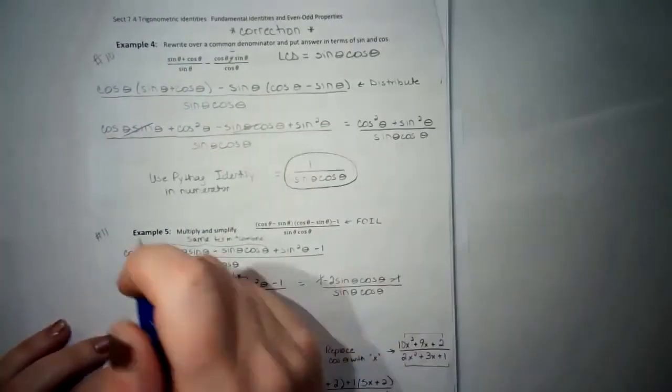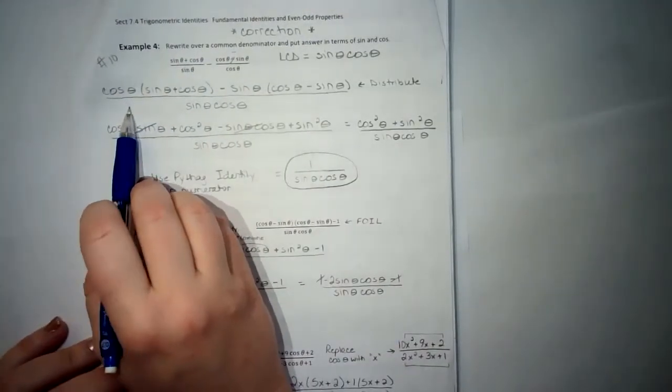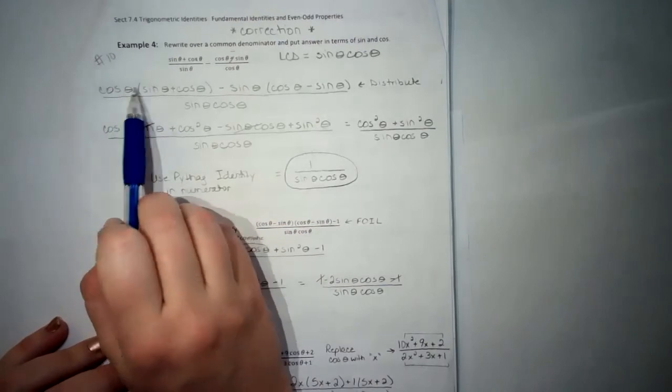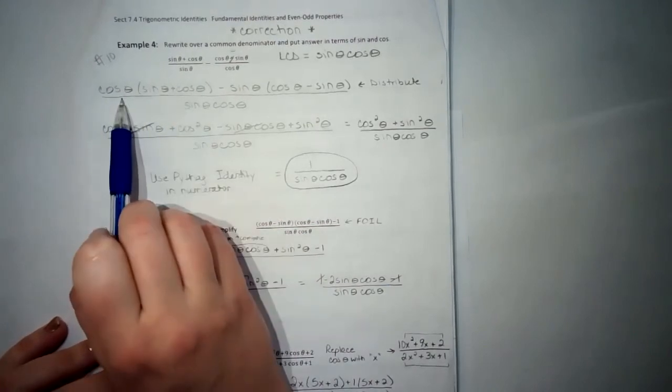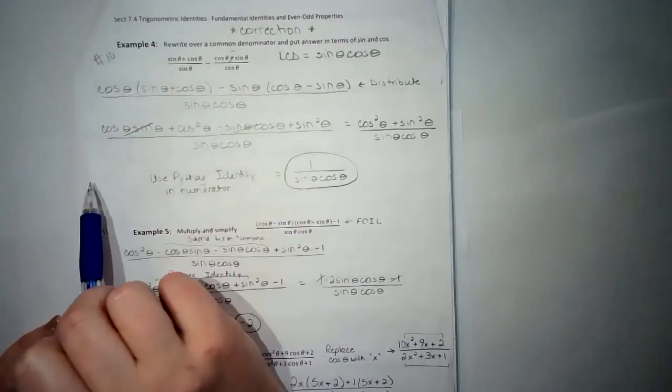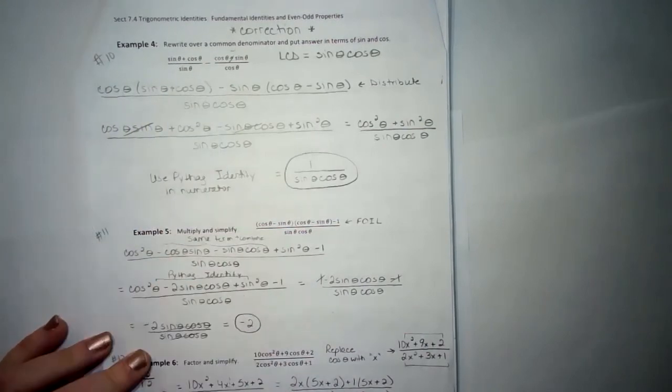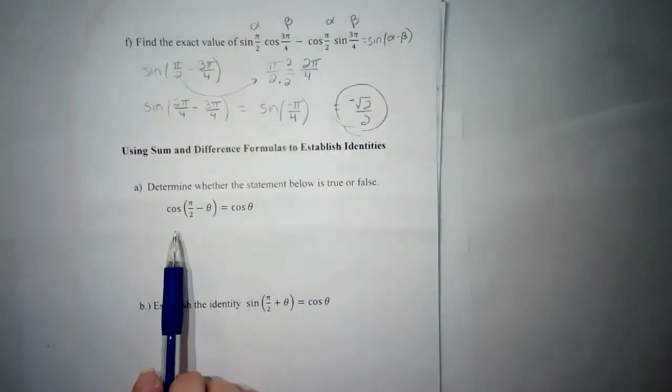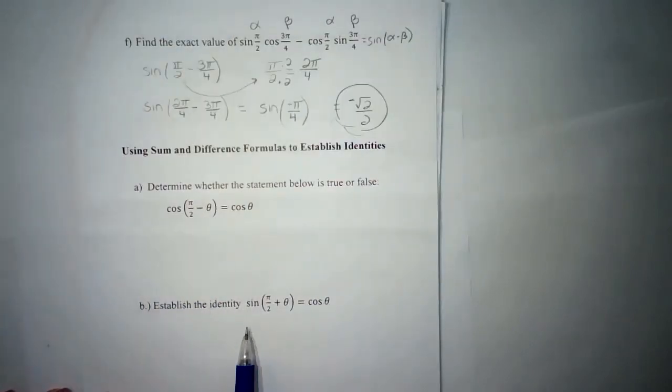So for example, if we go back to what we were doing in the last section, I can distribute this, because it's cosine theta. I distributed it through there, the theta with it. It's all one thing.